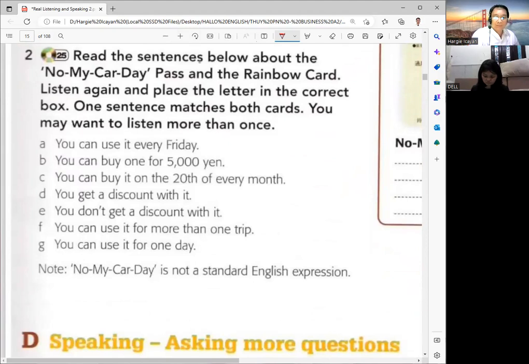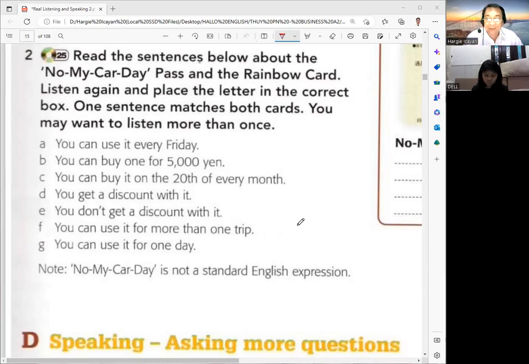That sounds good. But it's only available every Friday or the 20th of every month. So, you can only get it on those days? Yes. Do I get this discount pass from normal ticket machines or from special ticket machines? You can buy them from all stations, from all ticket machines. Okay, right. The normal ticket machine. Okay.